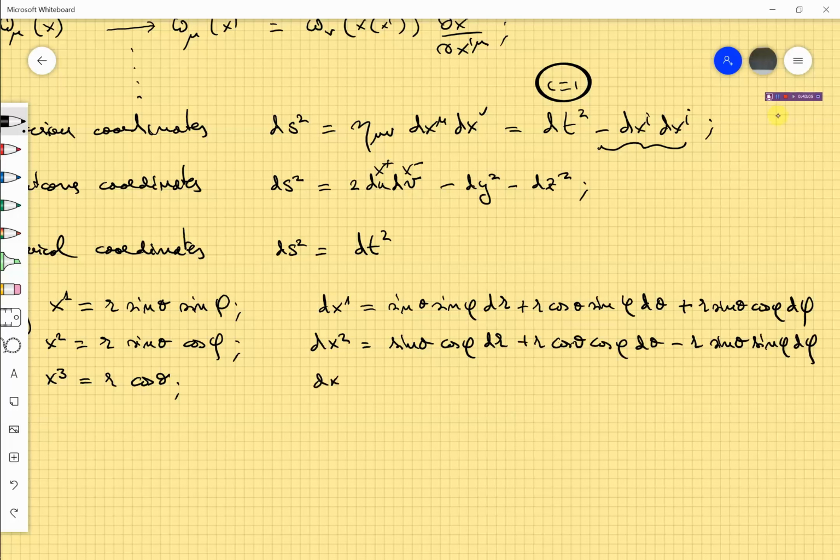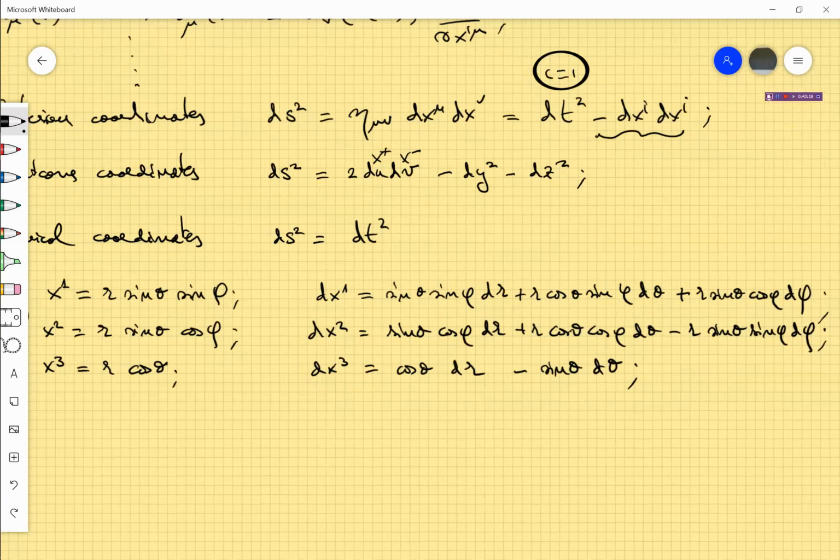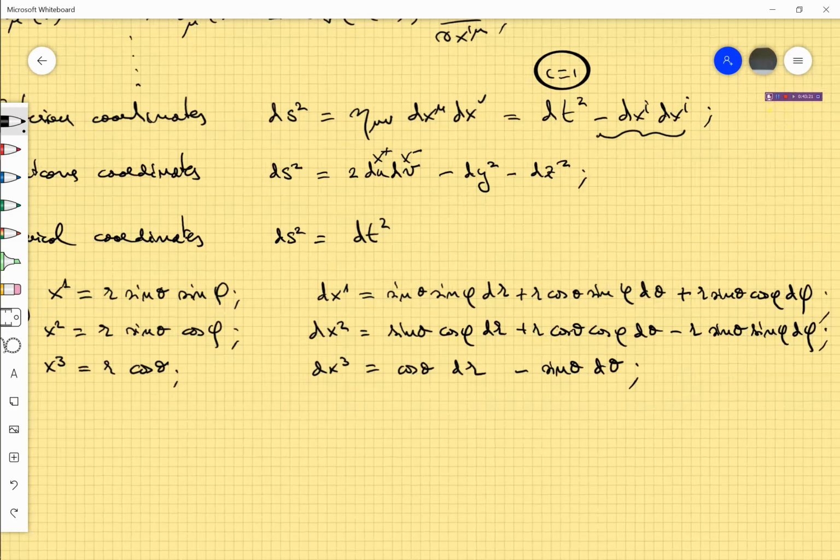And dx3 is cosine theta dr minus sine theta d theta, and nothing else. Then I just replace the dx1, dx2, and dx3 I have in this expression.